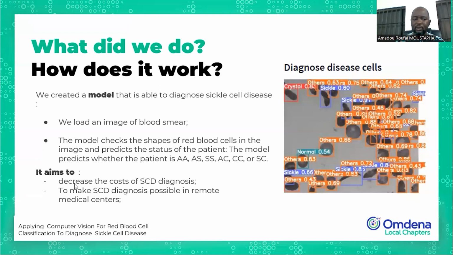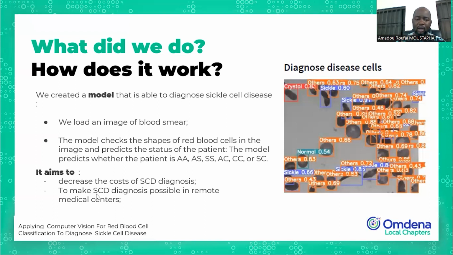And the aim of this project is to decrease the cost of sickle cell disease diagnosis, because we don't need any chemical reagent, we don't need any chemical solution, we don't need any costly apparatus. We need only the images of the blood smear, and we need a computer or a smartphone to diagnose the illness.